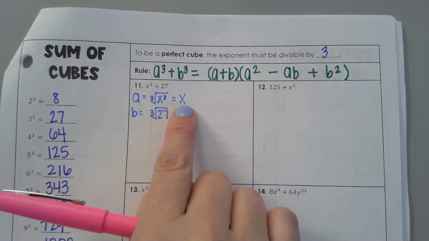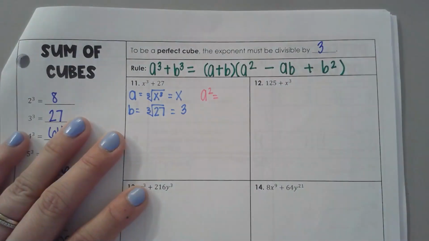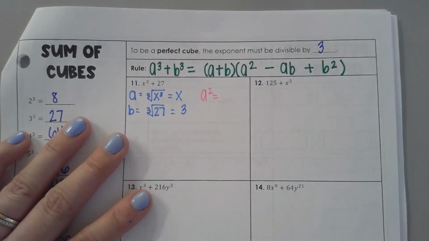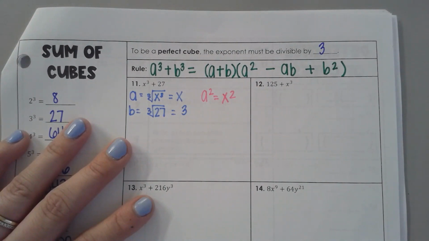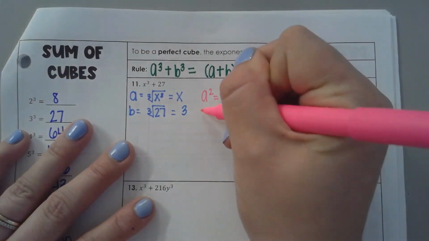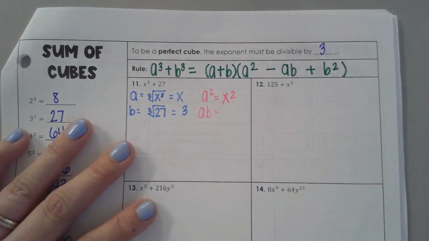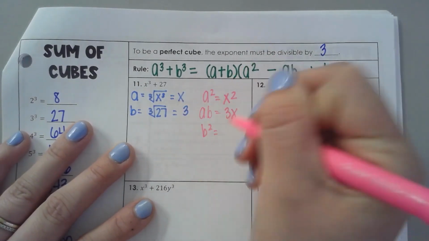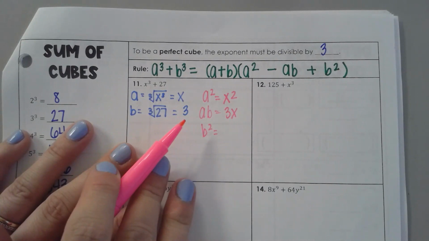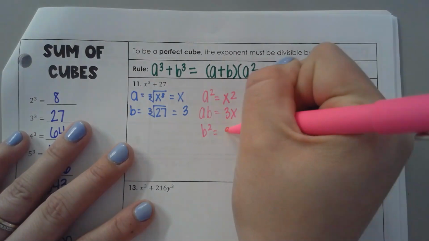If my a is x, if I square that, what do I get? x squared. Then I need ab. If you multiply these two, what do you get? 3x. And then I need b squared. B is 3, so what's b squared? 9.